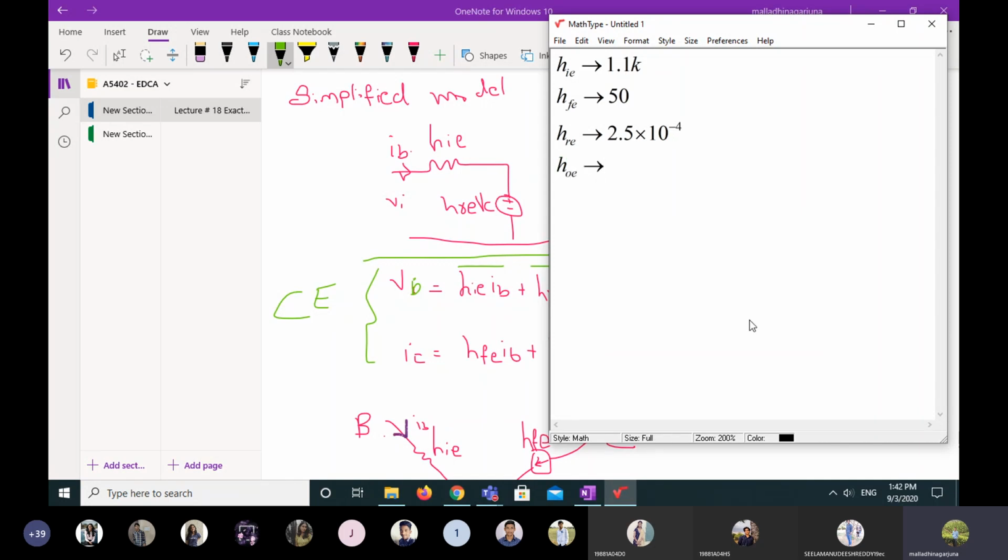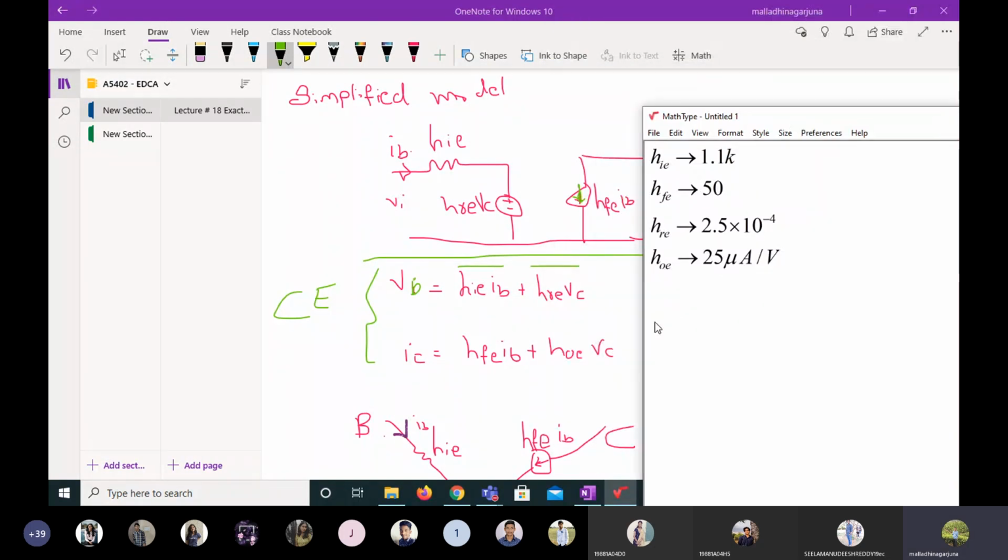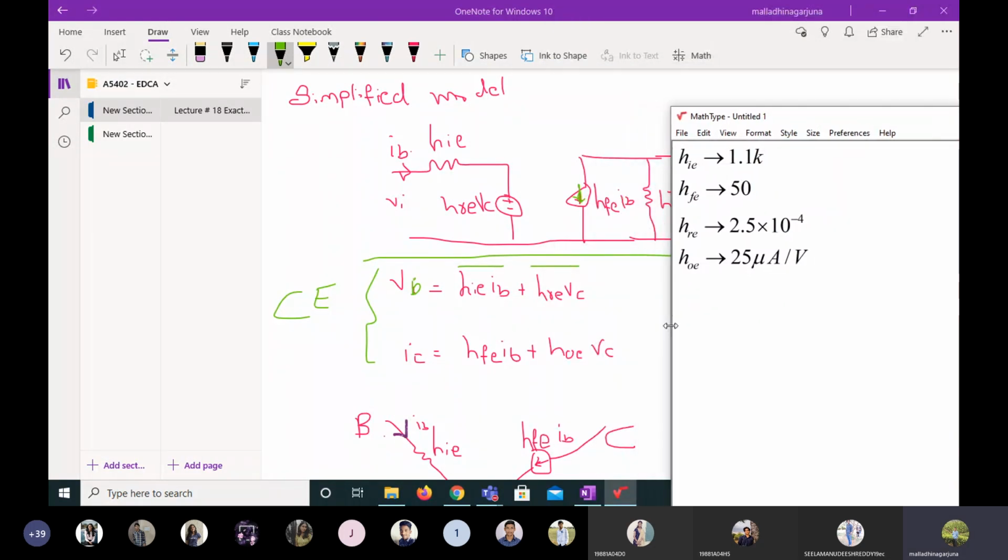HOE is 25 microamps per volt. I also displayed a table of typical values for the CE amplifier, CB amplifier, and CC amplifier. These are the typical values of H parameters of CE amplifiers.